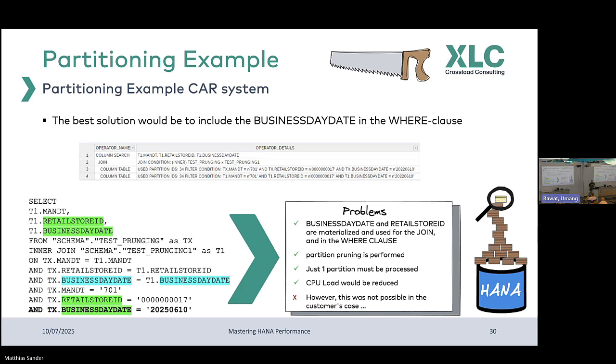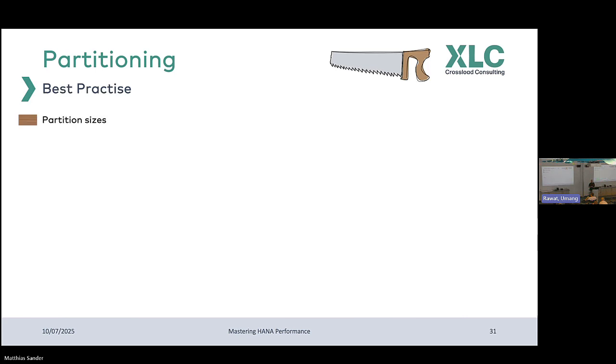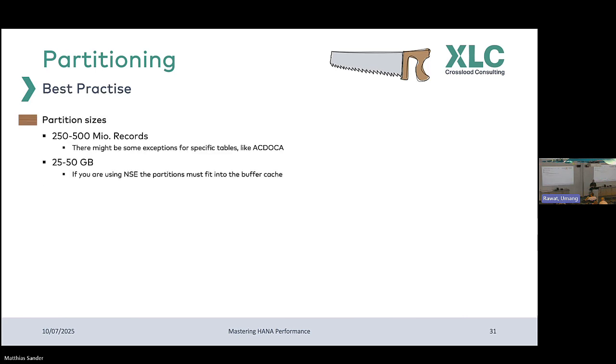Therefore, there are some best practices about the partition sizes. Normally, even if you could have 2 billion records, you should have around 250 to 500 million records in one partition. For example, Martin changed some advice for the ACDOCA table.